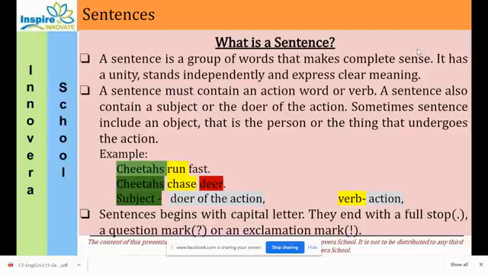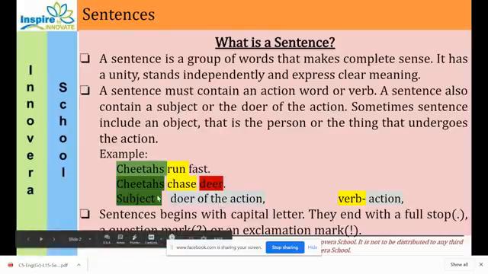Understood? So here I have given an example, like cheetahs run fast. Here cheetahs is the subject and run is a doing word. Very good. And then fast. So it makes sense. It is a group of words which make sense. Which is the subject?